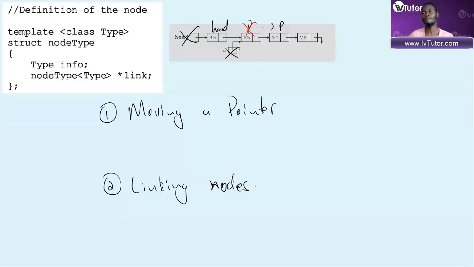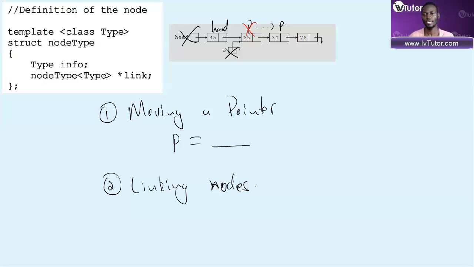And if we go back to our code, if you want to move a pointer, your syntax is going to be pointer equals, right? So if you go P equals, this means that you are moving P to whatever node you put here.